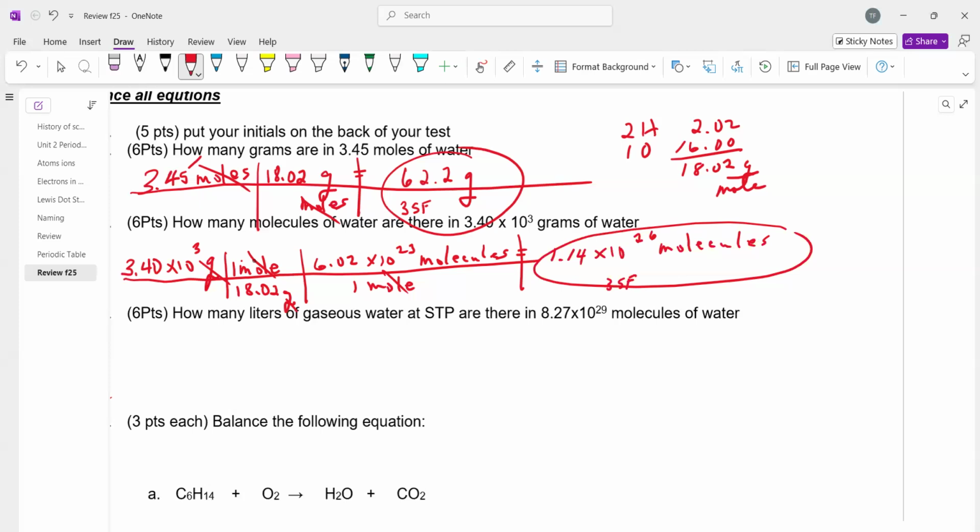Okay, how many liters of gaseous water at STP are there in 8.27 times 10 to the 29th molecules of water?